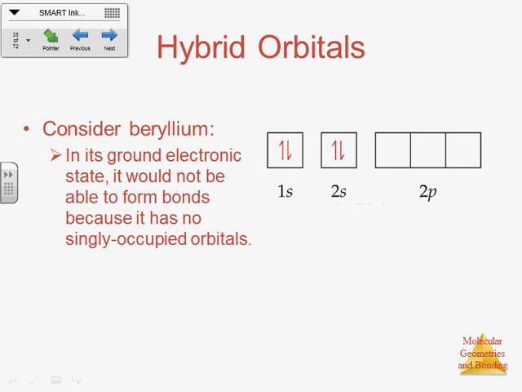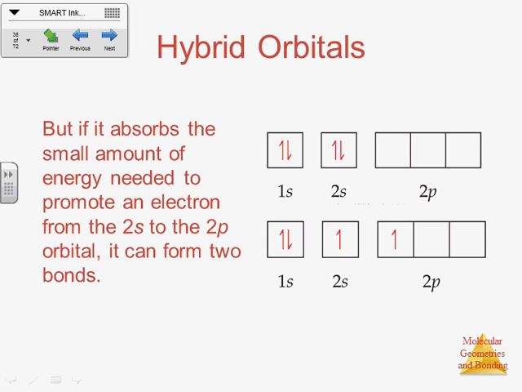But if it does something called a promotion and expends a little bit of energy to put one of these electrons into its 2p orbitals, then it's going to be able to bond, because now it has two half-filled orbitals, and those can now share electrons with other orbitals that come in from other atoms. Okay? And so the idea there is a promotion.